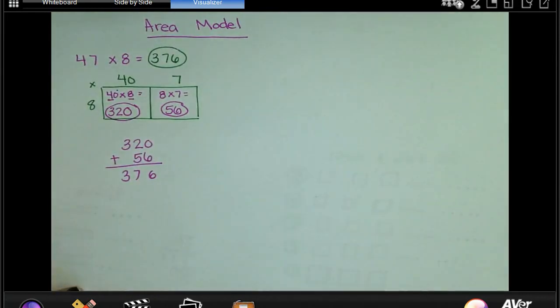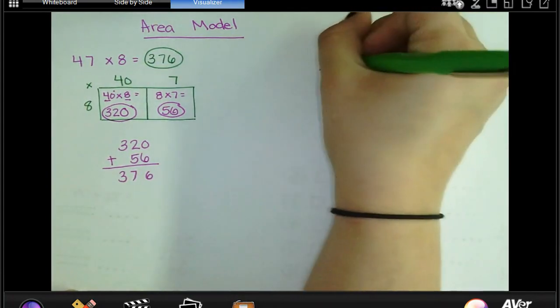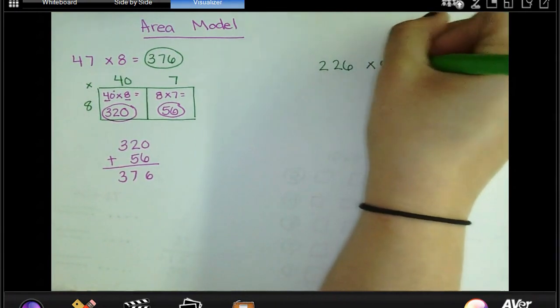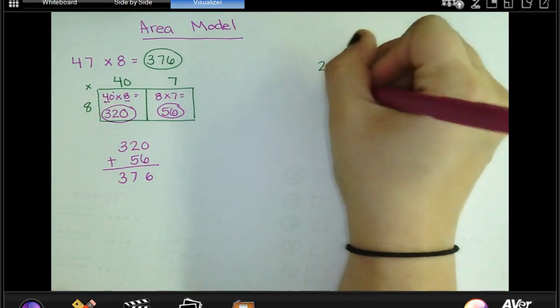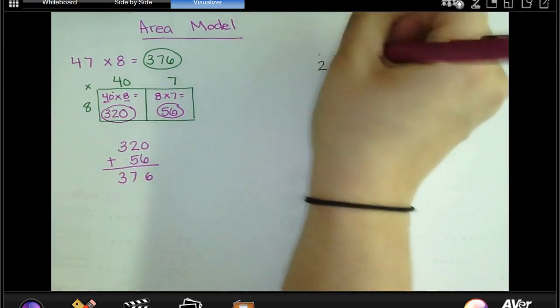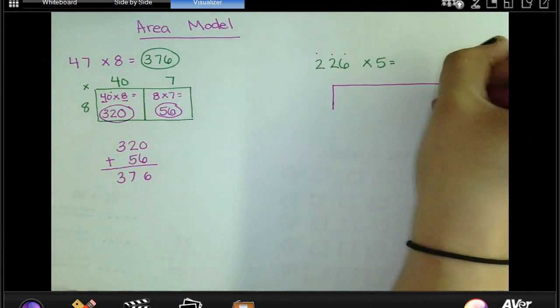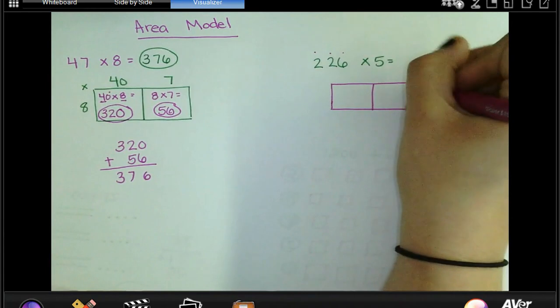Again, this also works if we want to do 3 digits. So we can say like 226 times 5. We would draw that box. We know there's 1, 2, 3 digits in there, so I might want to make my rectangle a little bit longer because I know I need to break that into 3 pieces.